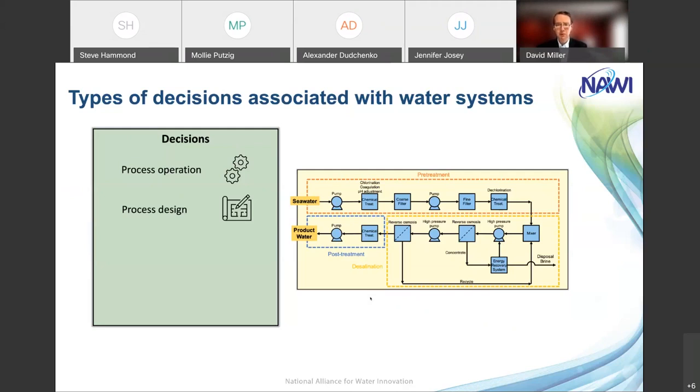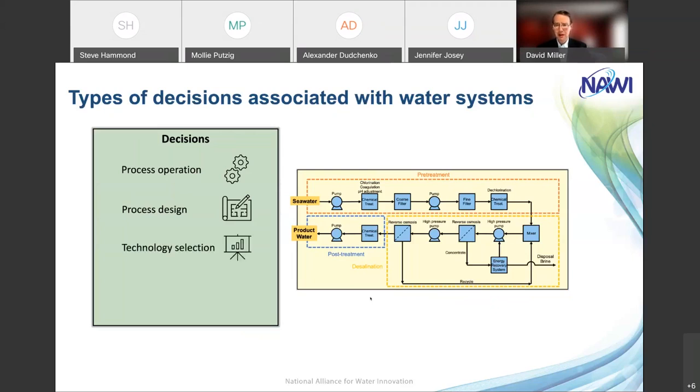If we're starting from scratch, we might want to ask design questions. How are we going to design a system that takes advantage of the latest advancements in technology in order to provide a specific amount of water over a period of time in a specific location, taking into account the regional variability of where we're going to site the plant?